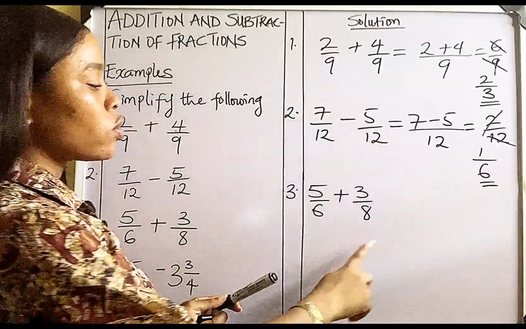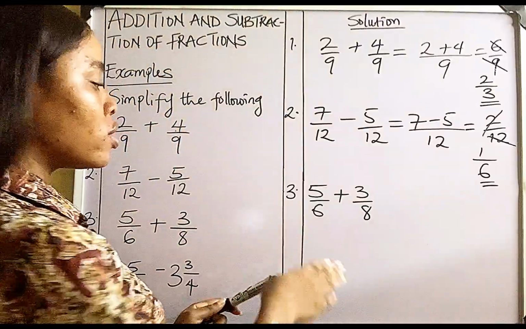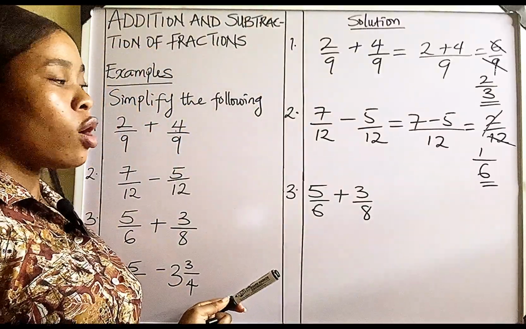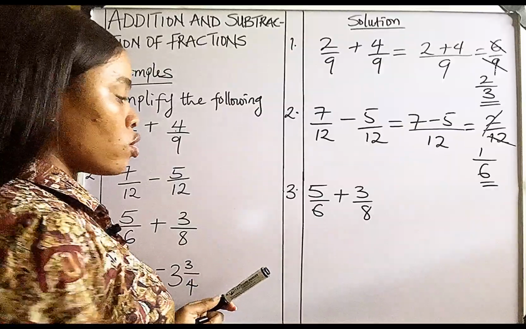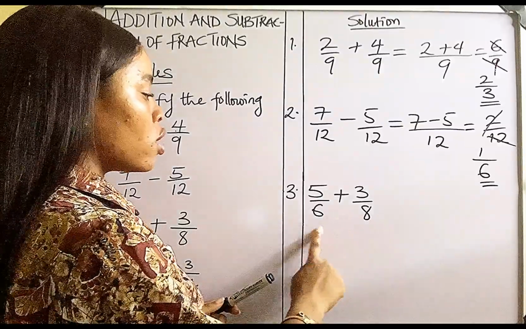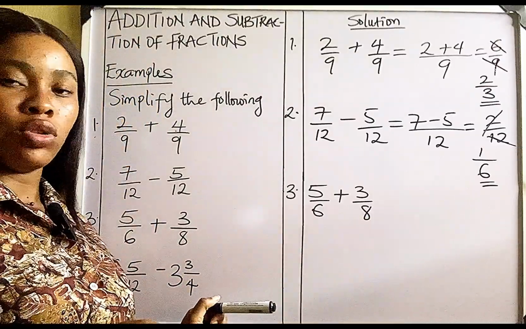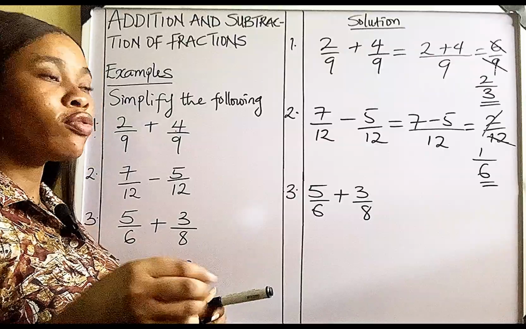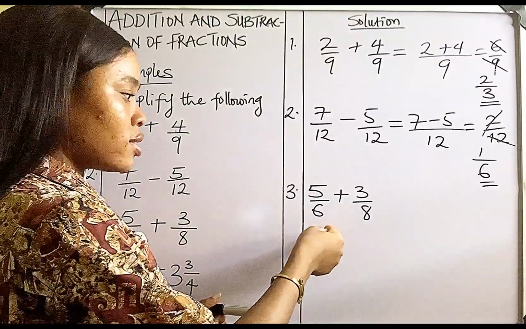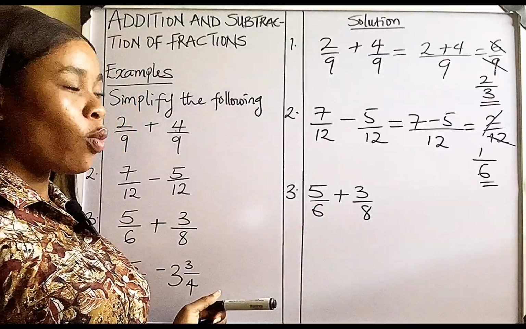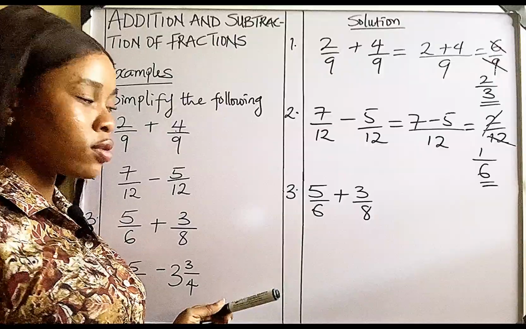In a situation whereby you're adding or subtracting fractions with different denominators, we find the LCM of the denominators to make them have a common denominator. That is looking for the smallest number that 6 and 8 can divide without a remainder.